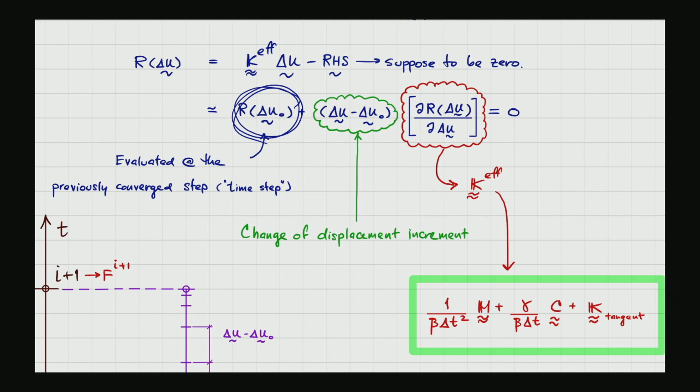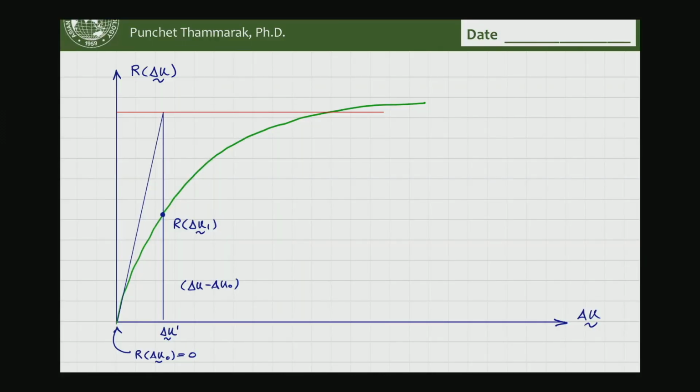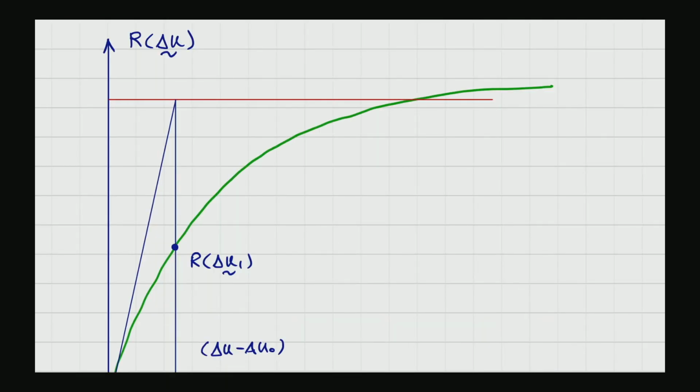So U1 is coming into this delta U0, in the meaning that delta U0 is the point where you are, and we found that it is non-zero, and you have the difference between the red line and the current point.